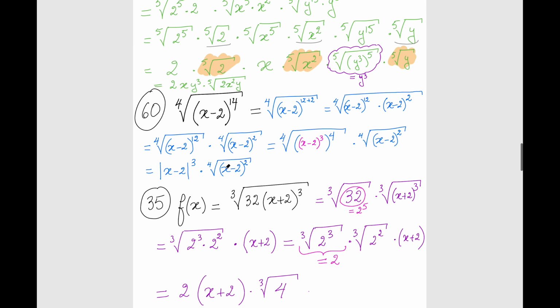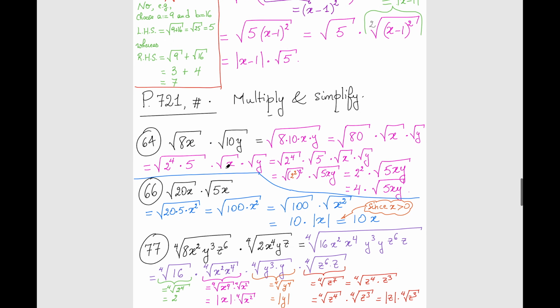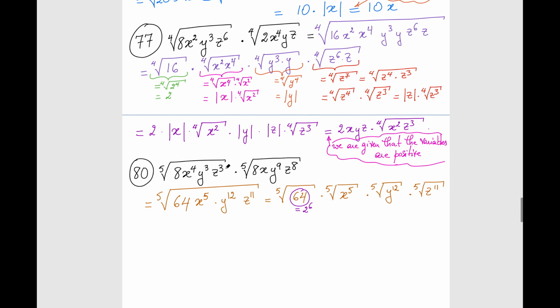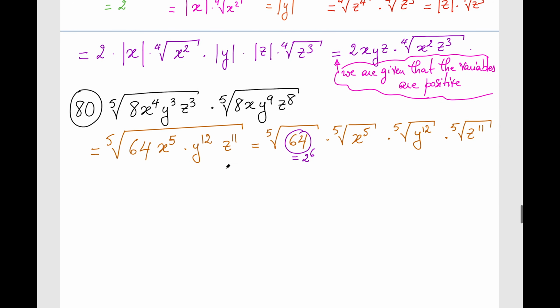So I'm going to just inherit that. So this was found before. This is 2 fifth root of 2. Correct?